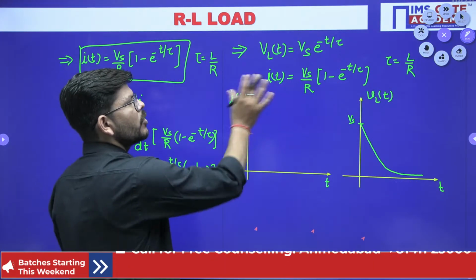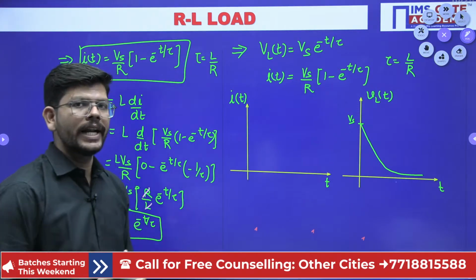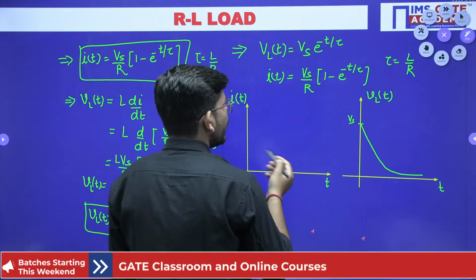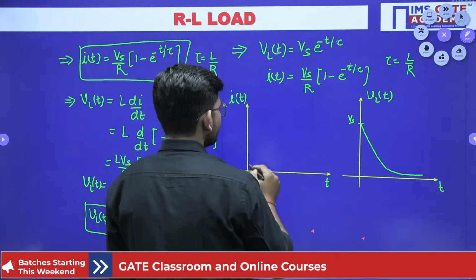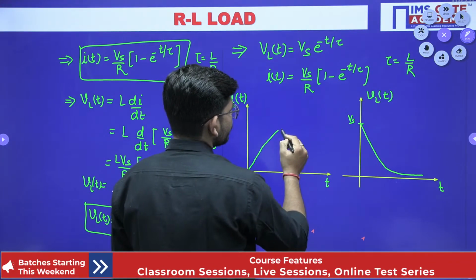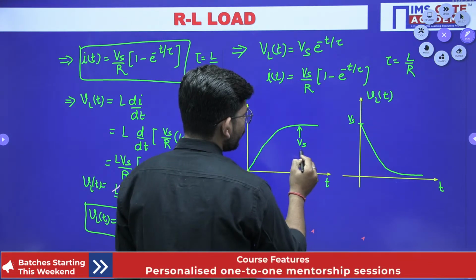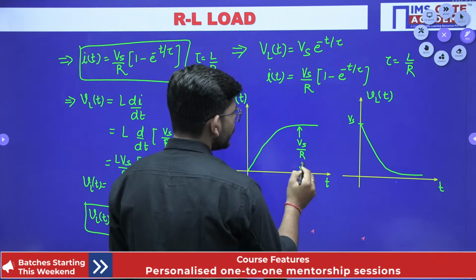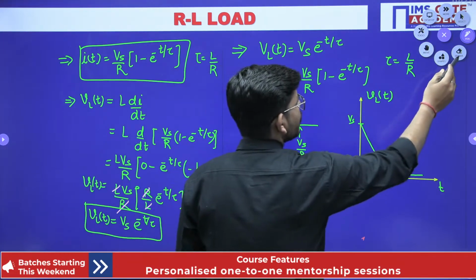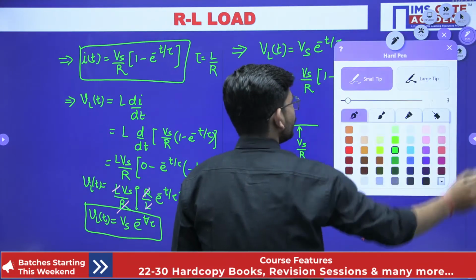Similarly, if I plot the current, and put t equals 0 here, what will be the value of current? The value of current I get is 0, and finally I get Vs by R. So the current expression will be like this. Finally the current will settle to a value of Vs by R, and initially the current is 0. Now if you analyze these waveforms, can you see what we have obtained?